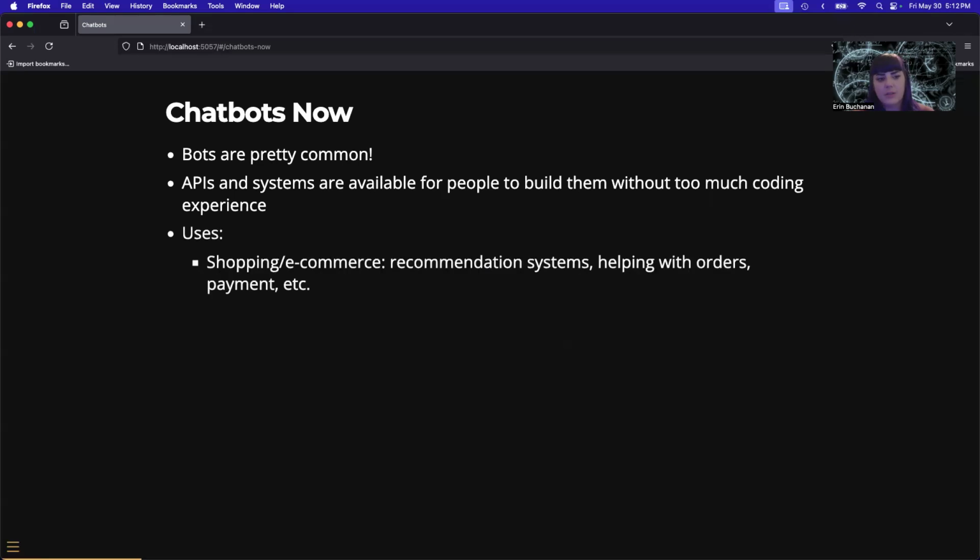Okay. So let's look at the uses. So what are the most common places that use chatbots? Okay, this should not be a surprise. Everything, at least in the US, is consumerized. So recommendation systems for shopping and e-commerce, helping with orders, helping with payments, finding a way to get your money to them, right? Helping news find what you want, right?